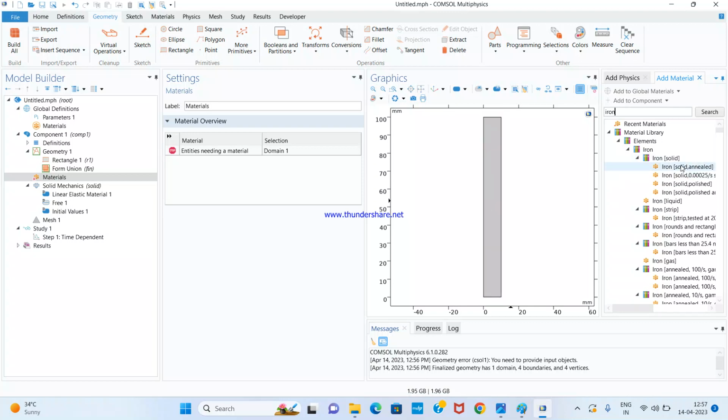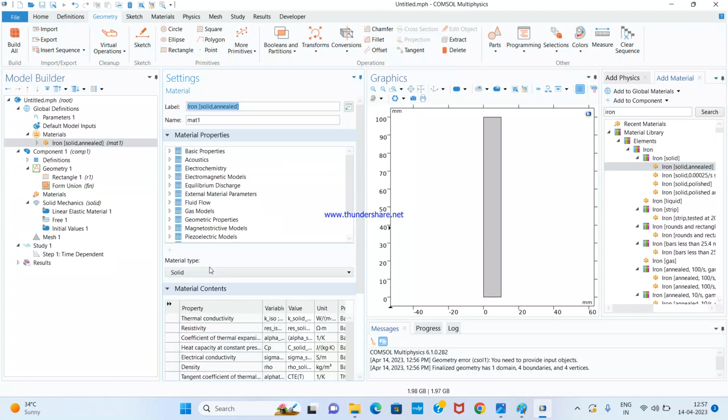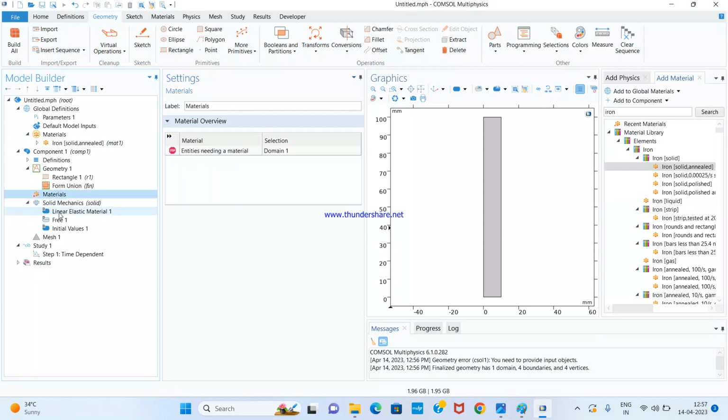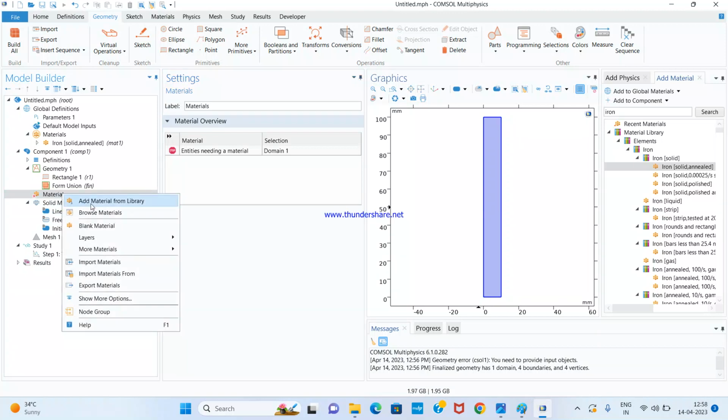So this is the one I am using, it is defined. So the material, so what happened? So this is the material, one minute.